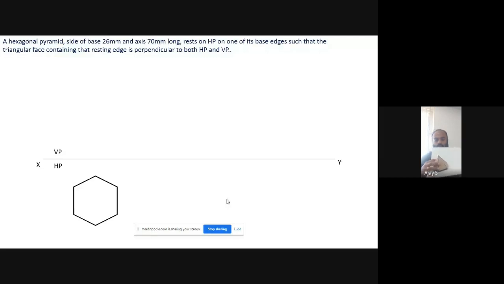This is the first position, what we have drawn. The front view will look like this, right? We'll check the front view.